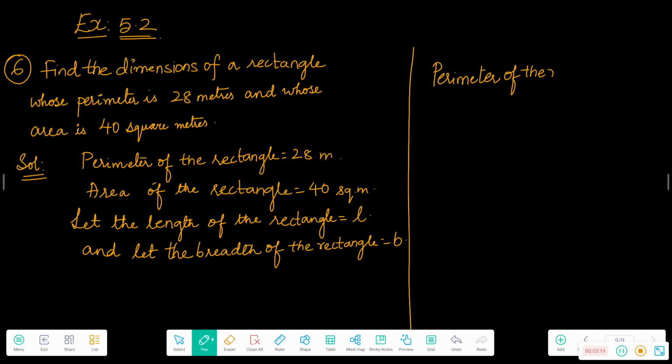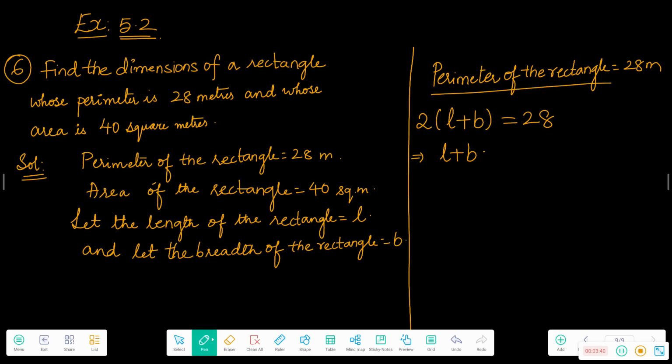Now, according to the problem, the perimeter of the rectangle is given as 28 meters. We have the formula for the perimeter of the rectangle as 2 times (L plus B). So 2 times (L plus B) is equal to 28.